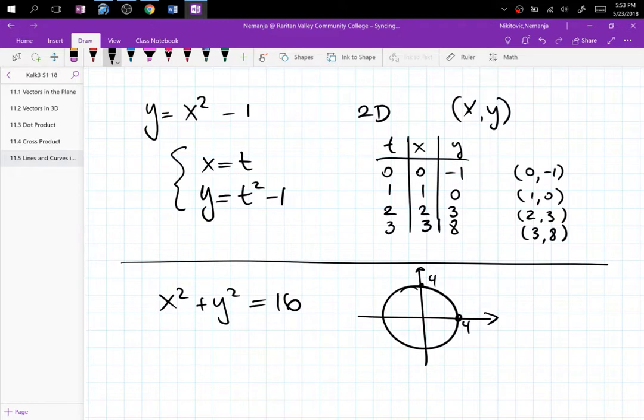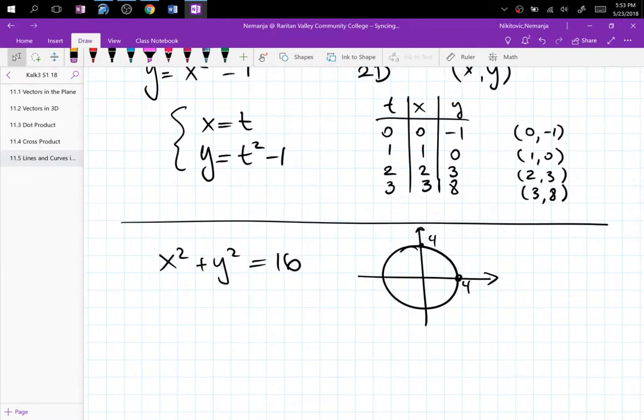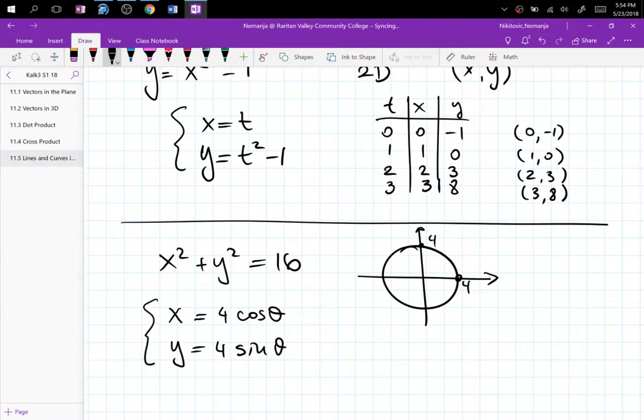So now what I can do here is, instead of having my x and y dimensions in a pile, I'm going to separate this into two parametric equations. One is going to be x equals 4 cosine theta, and the other one is y equals 4 sine theta. And these equations now create a parametric set that describes the same equation up there.